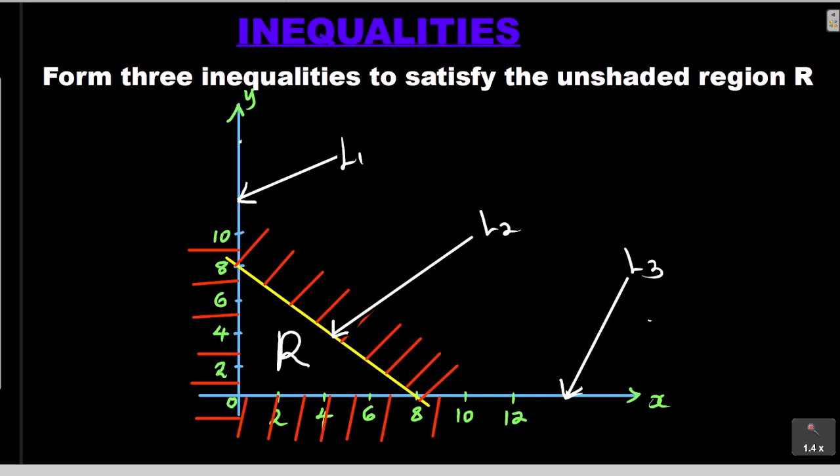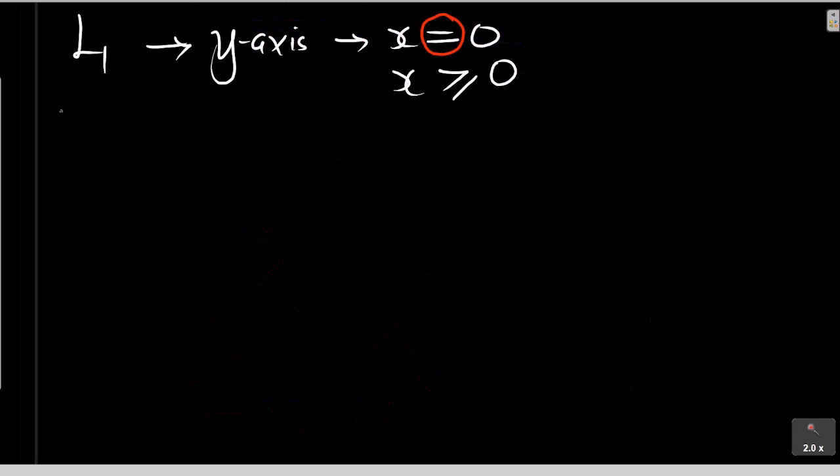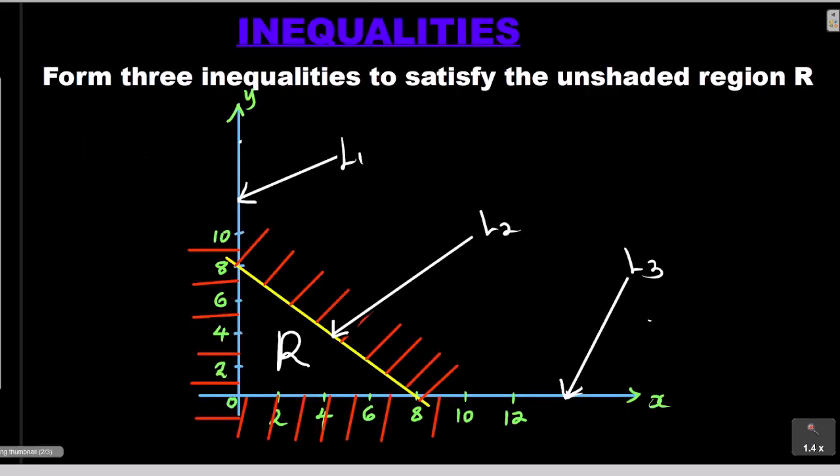We go to line 2. Now for line 2, we can't just get the equation of that line directly. We just need to get 2 points on that line, and the 2 points you can identify easily on that line are this point, which we label, and this point here.